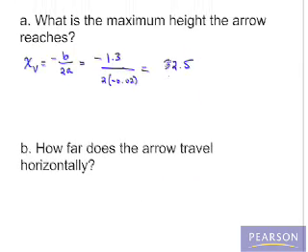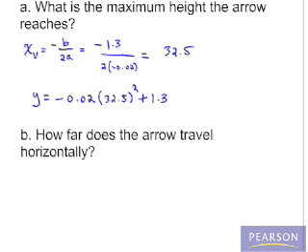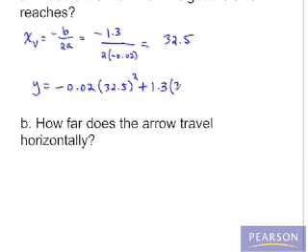So substituting 32.5 for x into our equation, we get y equals negative 0.02 times 32.5 squared, plus 1.3 times 32.5, and then we'll add 8, and when you do the arithmetic, we get 29.125.